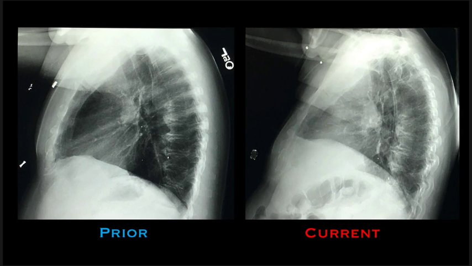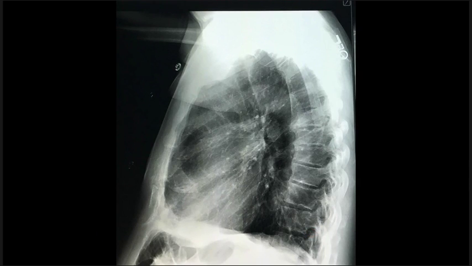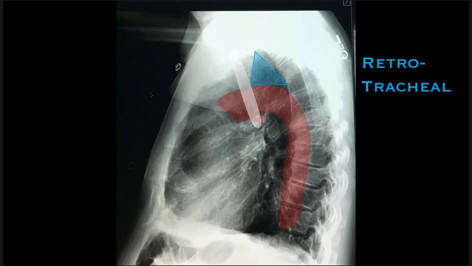So bringing in the lateral views, we've got our prior and our current. And I'll just refresh your memory on something that we talked about in the lateral anatomy lecture, which is those triangles. Remember, here's our aorta, here's our trachea, we've got this retro-tracheal triangle here, and then down behind the heart, we've got this retrocardiac triangle.